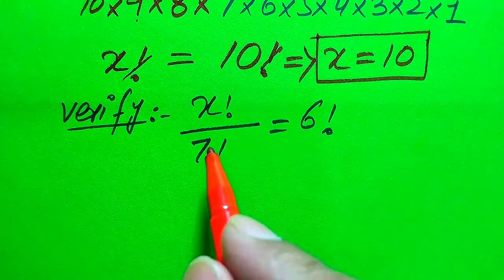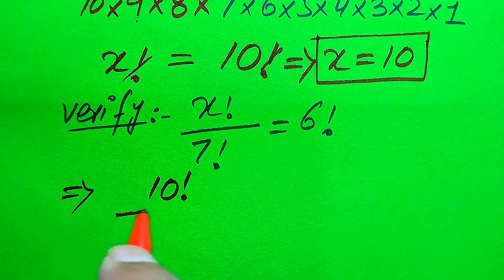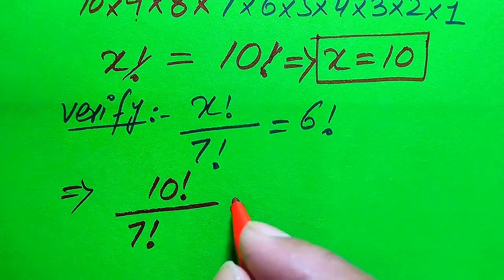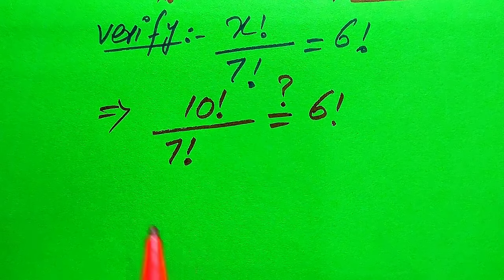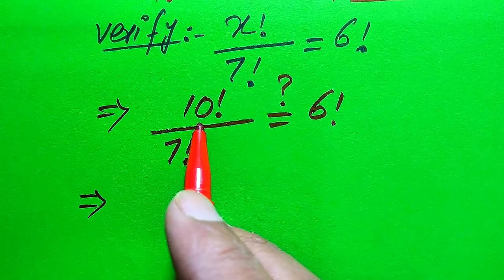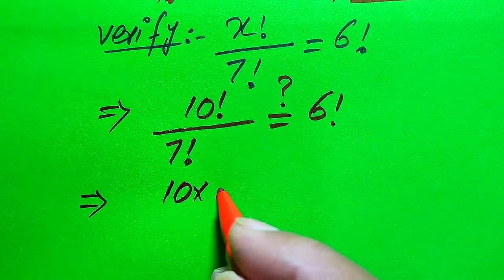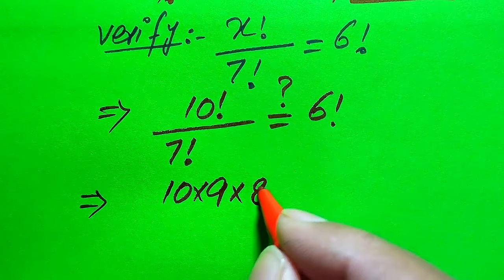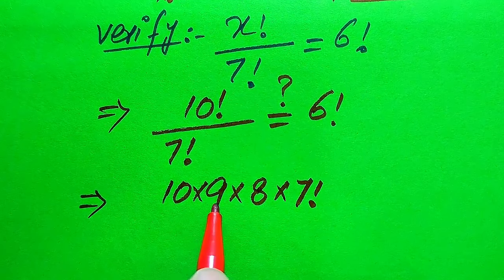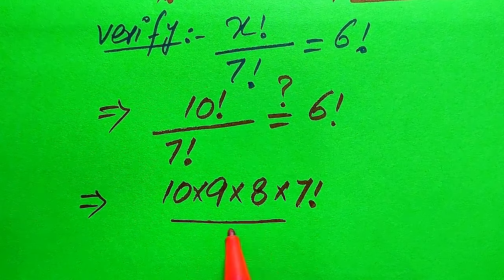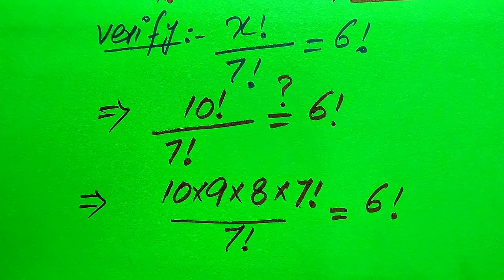When you put this value here, it becomes 10 factorial divided by 7 factorial, and we check whether this equals 6 factorial or not. So here we break 10 factorial down to 7 factorial, and it is written as 10 multiplied by 9 multiplied by 8 multiplied by 7 factorial, divided by 7 factorial, equals 6 factorial.